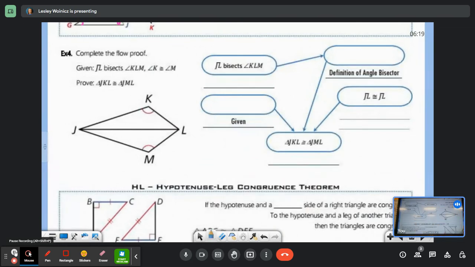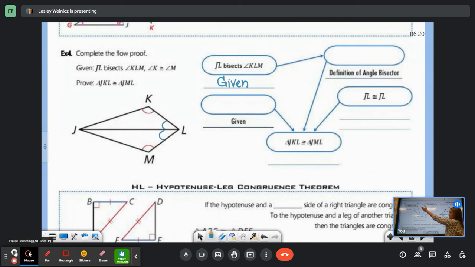All right, so let's look at this proof. We have to prove that triangle JKL is congruent to triangle JML. Okay, we're given that JL bisects the angle KLM. So we know that these two angles are congruent. Okay, that was given to us. And we just said that those two angles are congruent because it's a bisector.